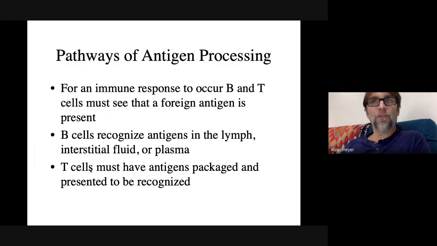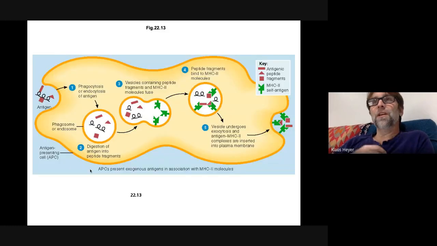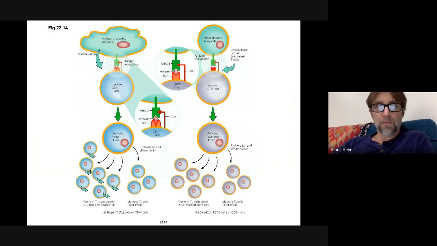So if it's in your spleen or your lymph nodes or lymphatic nodules, that'll trigger the B cells there too. So the B cells have a couple different ways that they can get triggered. But in either case, the B cells or the T cells have to recognize that there's a foreign antigen in the body.